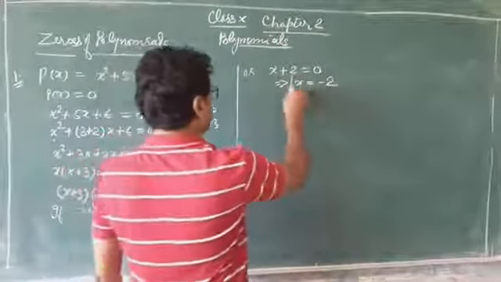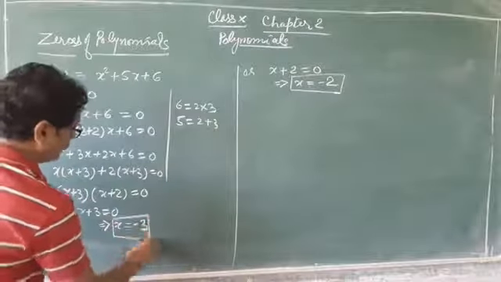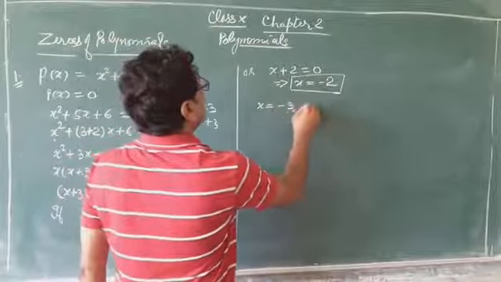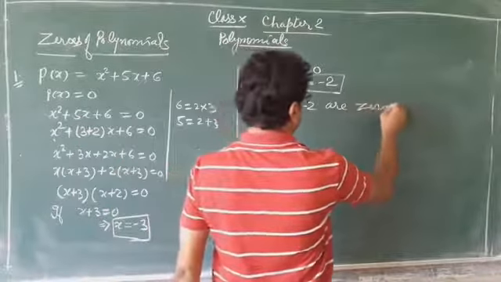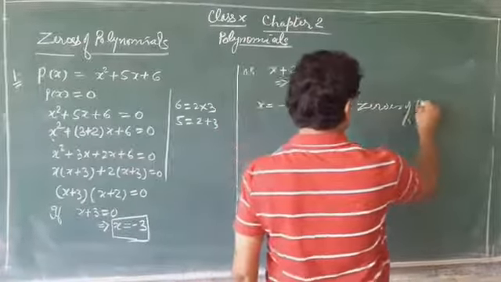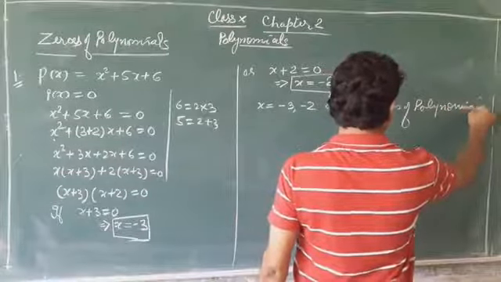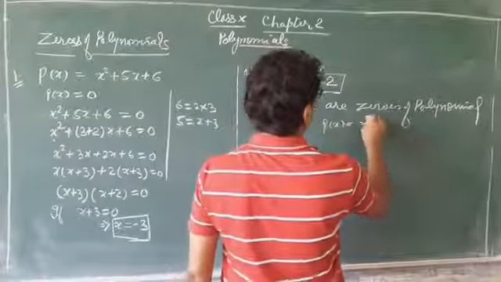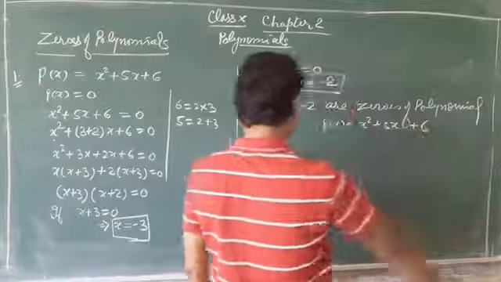So we can say that x is equal to minus 3, minus 2 are zeros of the polynomial p of x is equal to x square plus 5x plus 6.